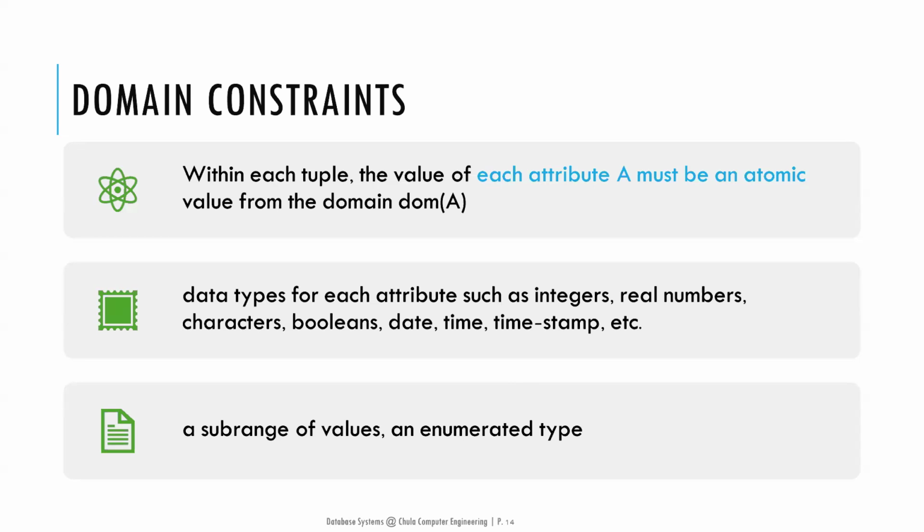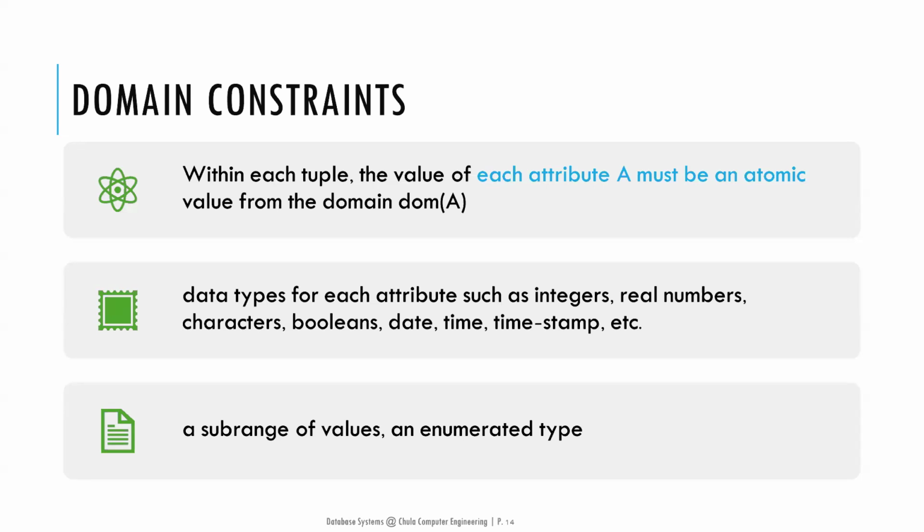For example, if we have an address that comprises a street number, and street name, and zip code, and so on, then it's not atomic. So to be atomic, you have to separate each of the data that you want to keep and make it atomic, or indivisible.